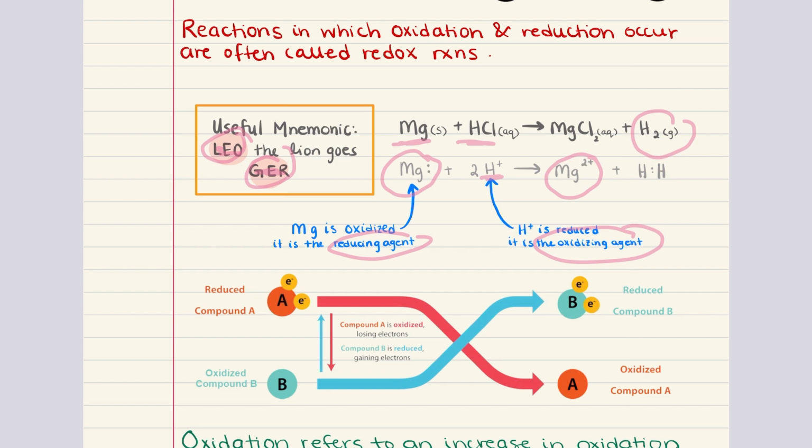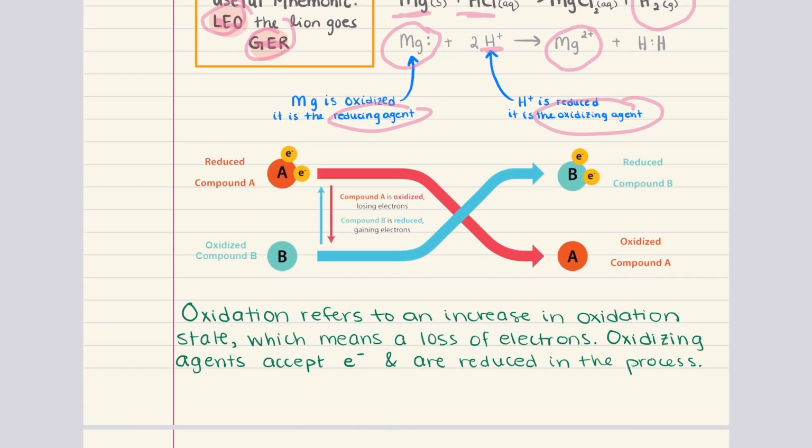One way to understand redox reactions is by considering how oxidation and reduction affect the oxidation state of an atom. Oxidation increases an atom's oxidation state, while reduction decreases it.